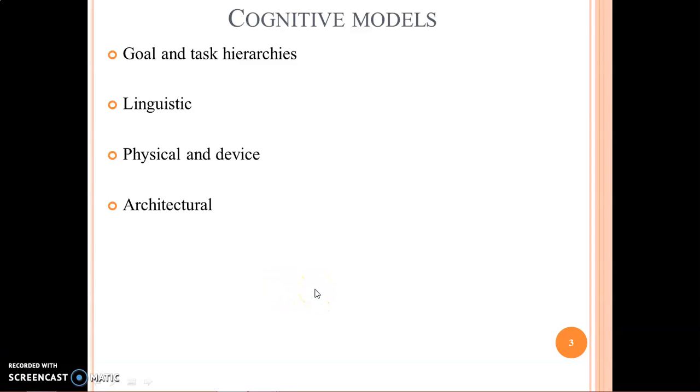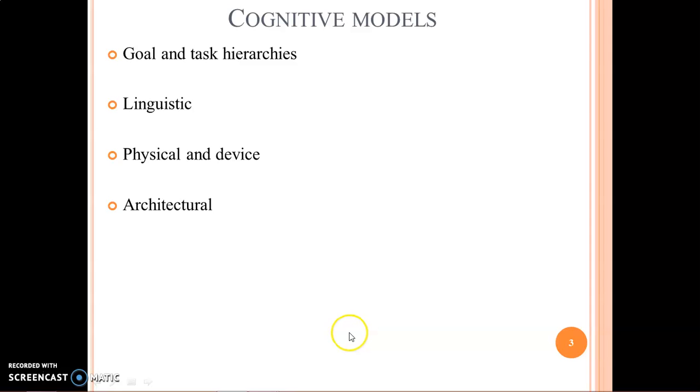The cognitive models represent users of interactive systems. Architectural assumptions about the user are needed in any of the cognitive models. So, we categorize them as hierarchical models, the different linguistic models, physical and device models, and architectural models.